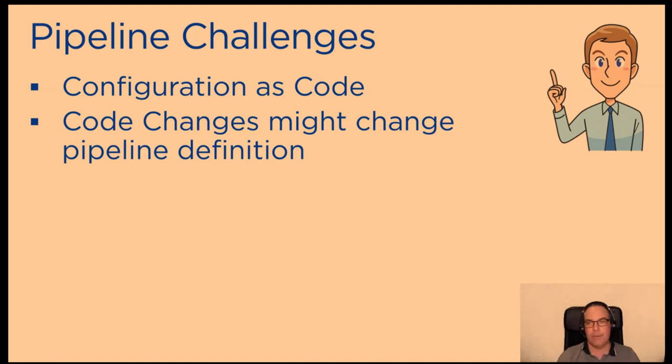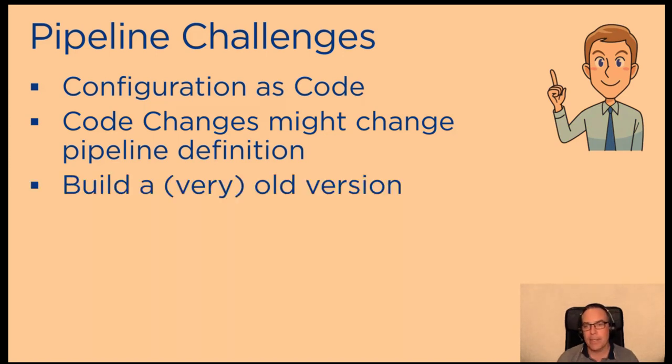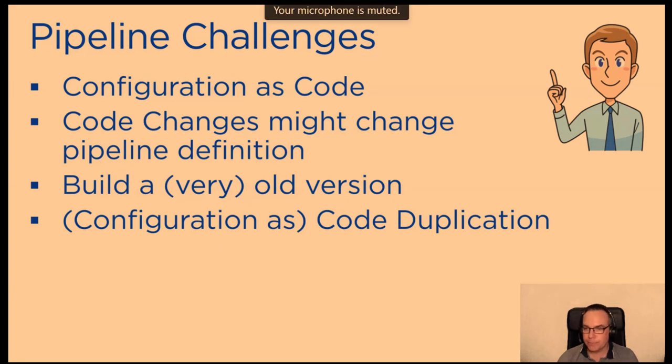We have larger repositories containing application code and infrastructure and automation code as well. So this also solves a problem if you build a very old version, because if it's everything together in the same repository, if you build the old version, you have the old pipeline definition and your deployment will also succeed.